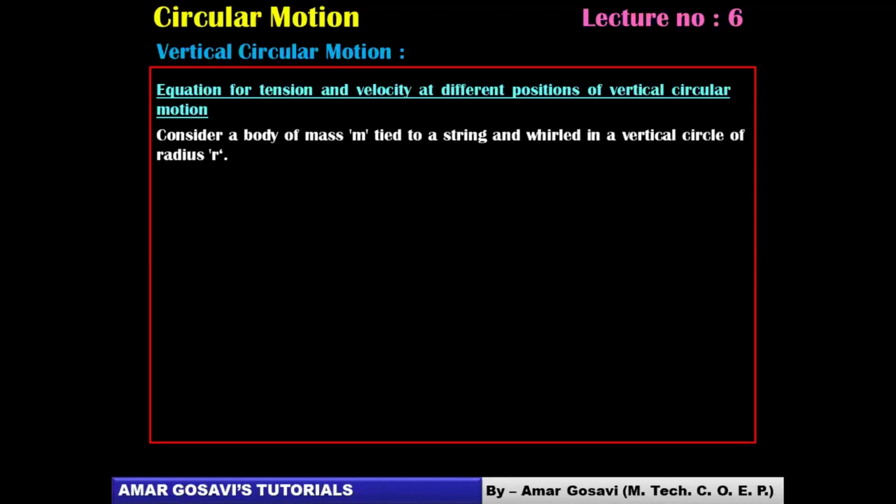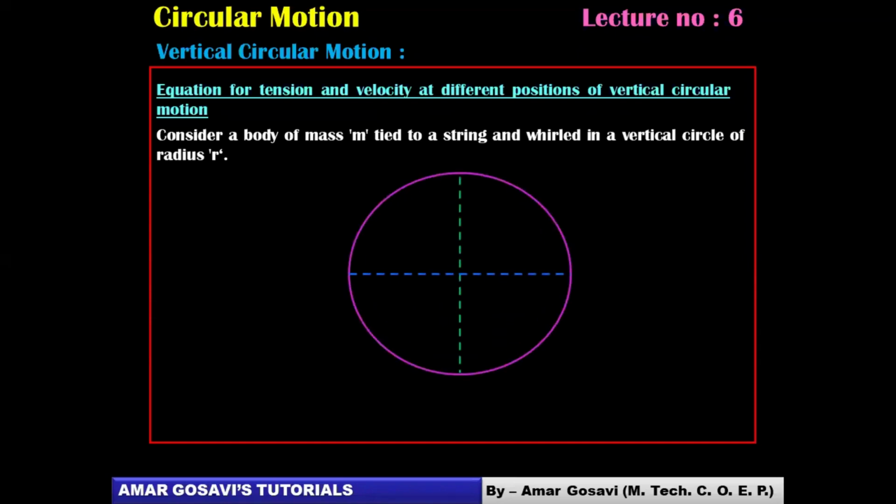So for that, let's consider a body of mass m tied to a string and whirled in a vertical circle, say of radius r. So here is the case. So let's divide it into two parts, basically 4 quadrants you can see. Let O be the center of the circular motion, r is the radius, H stands for the highest point, M stands for the midway point you can see over here in this diagram, and L will stand for the lowest point over here.